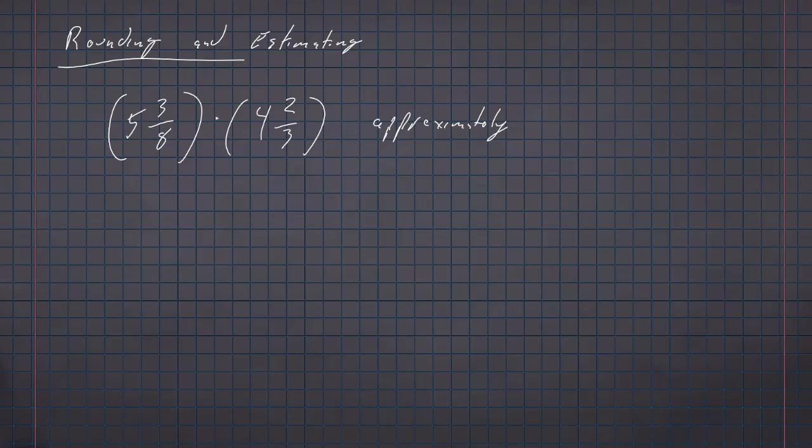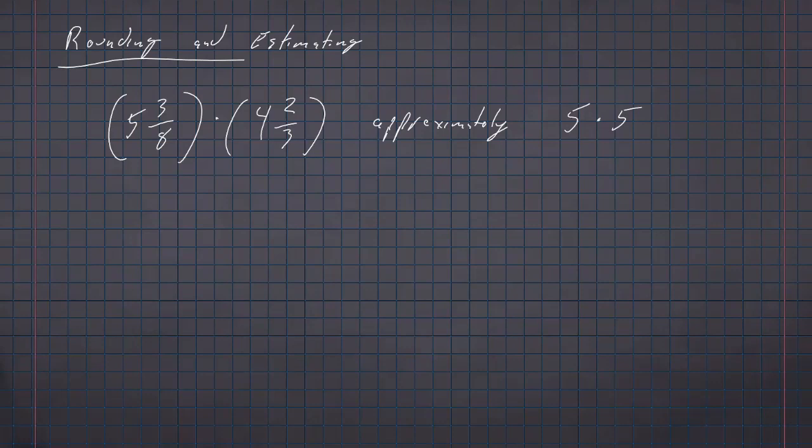So 3/8 is smaller than 1/2. And we round 3/8 down. 5 3/8 rounds down to 5. 4 2/3. 2 is more than half of 3. So 2/3 is more than 1/2. And we take 4 2/3 and round up.